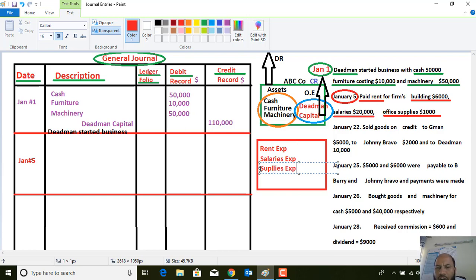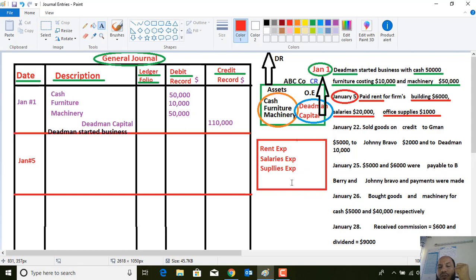So all of these are expense accounts: the rent, the salaries and the supplies. When he is paying rent, actually he paid, for example, cash. When Deedman is paying salaries, this means that he paid all these salaries through cash. And for supplies expenses, Deedman used the office supplies, and these office supplies were purchased through cash.